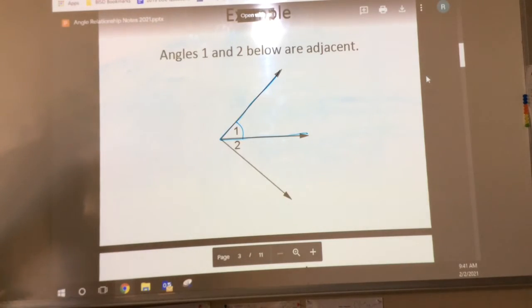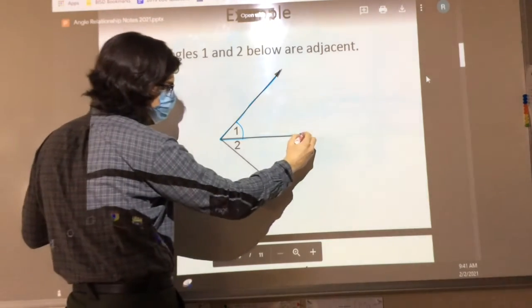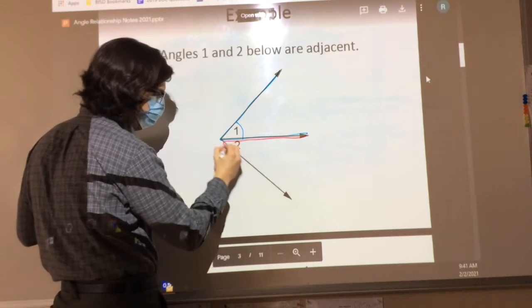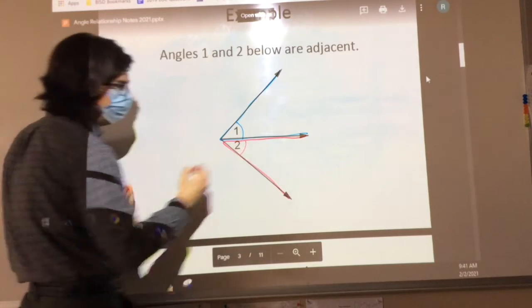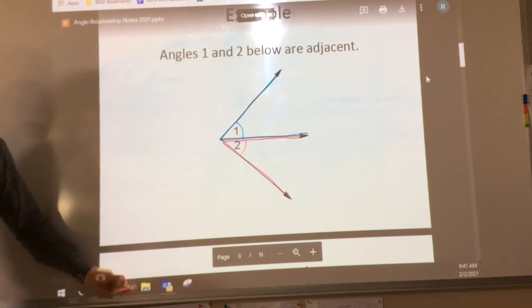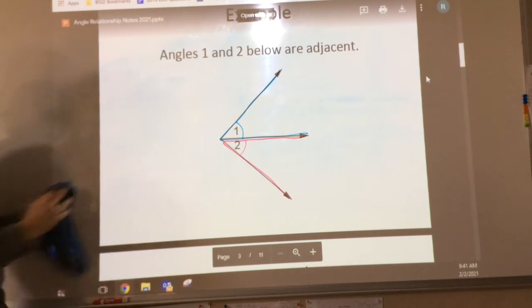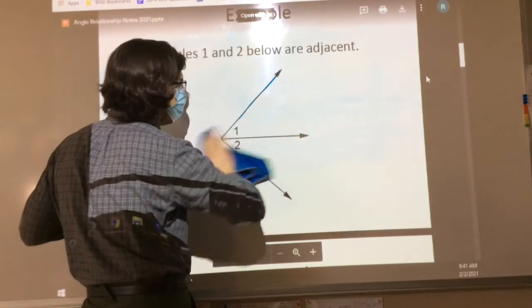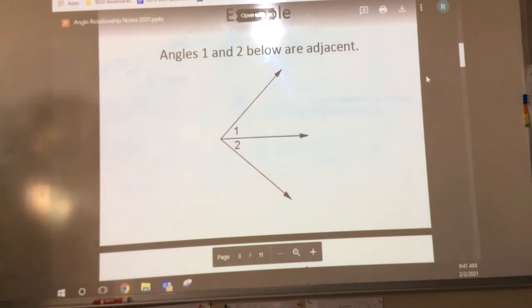And if I take a different color, here's angle 2. And do we agree that they're sharing that one in the middle that's both blue and red? Okay, can I move on? Or does anybody want to still write that down? Give you a second.